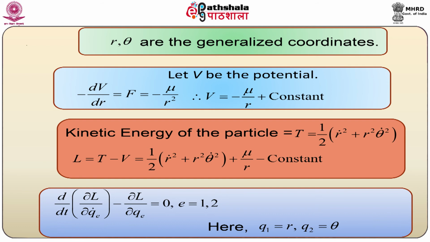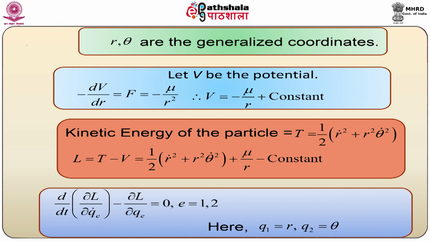For this system, L is the difference between the kinetic energy and potential energy. L is the Lagrangian of this system. Substituting the expressions for kinetic energy and potential energy, we get the expression for capital L. Now, Lagrange's equations of motion corresponding to generalized coordinate q_i are d/dt of del/del q_i dot operated on L minus del/del q_i operated on L equal to 0.